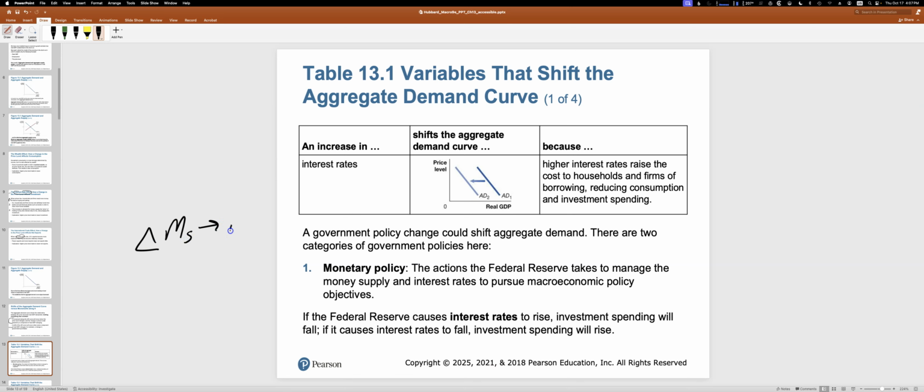Changing the money supply changes the interest rate, which leads to a change in consumption and investment. That's monetary policy. And again, what we start to see with Keynesian policy is this broader discussion of what monetary policy does.